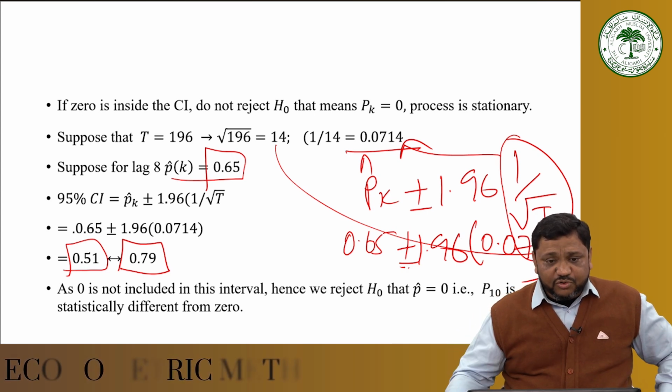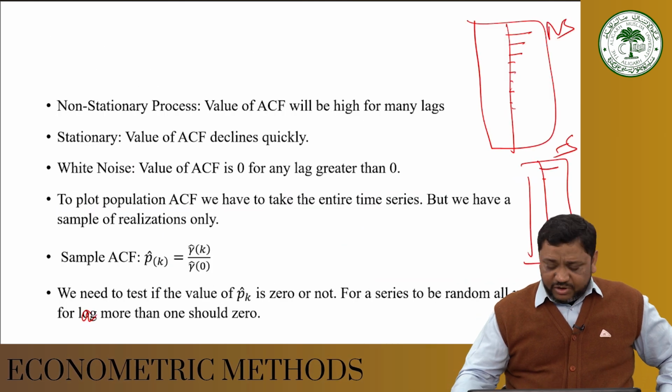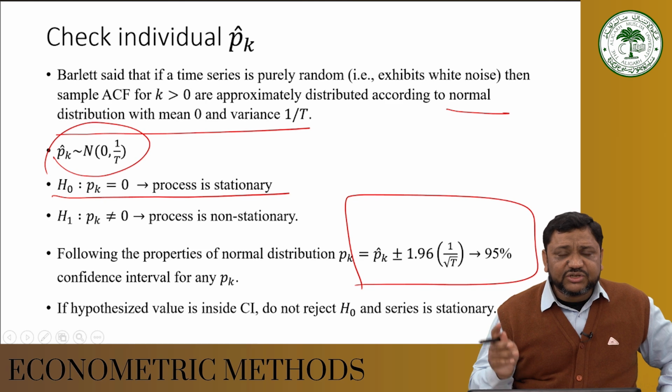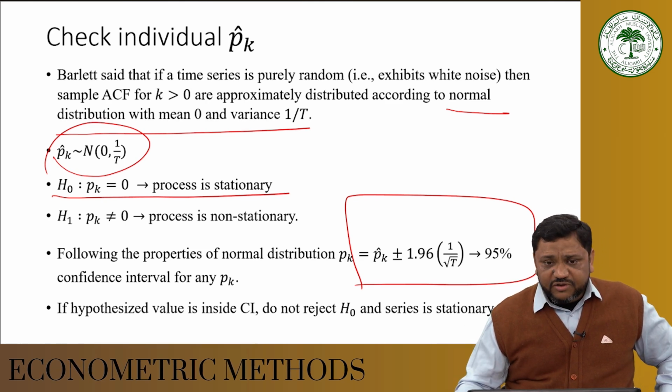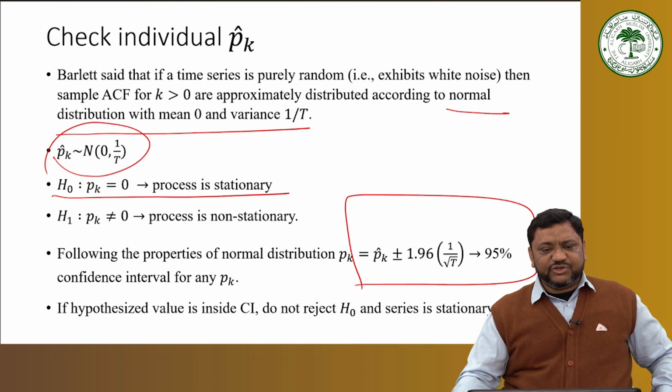So when we reject rho hat is equal to 0, what is the case? If rho hat is equal to 0, the process is stationary. Since rho hat is not equal to 0, we can say the process is not stationary.